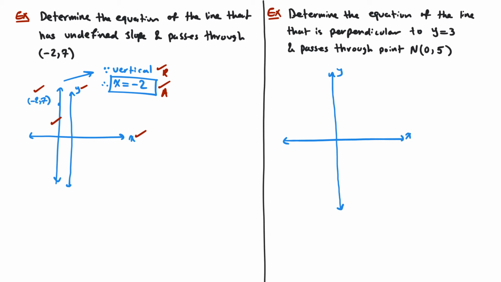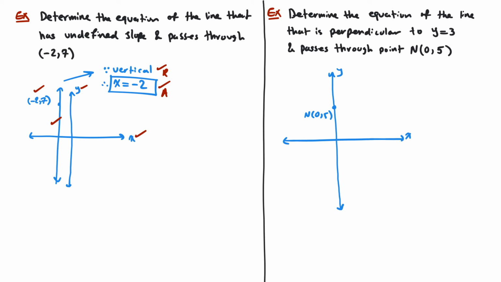And we know that our point N is (0, 5), so I will just label this as N (0, 5). Now, reading the question again, determine the equation of the line that is perpendicular to y equals 3. So we need to sketch y is equal to 3 first. And to do that, y is equal to 3 is actually a horizontal line.